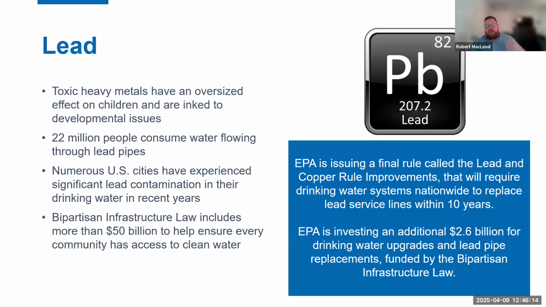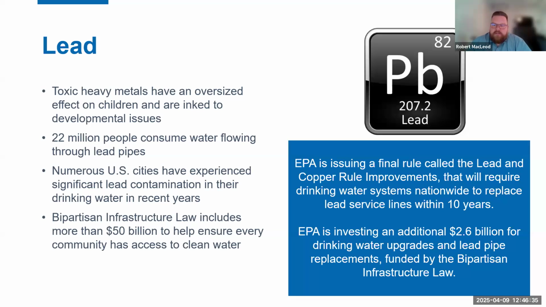Lead. As noted earlier, toxic heavy metals like lead produce grave threats to our health, but lead has an oversized effect on children, especially linked to developmental issues. Shockingly, over 22 million people consume water that flows through lead pipes.